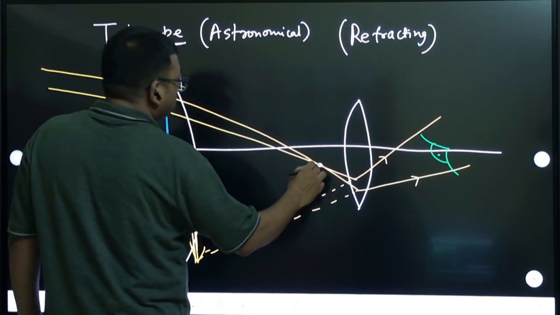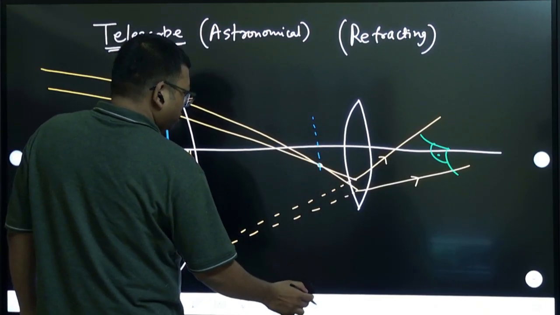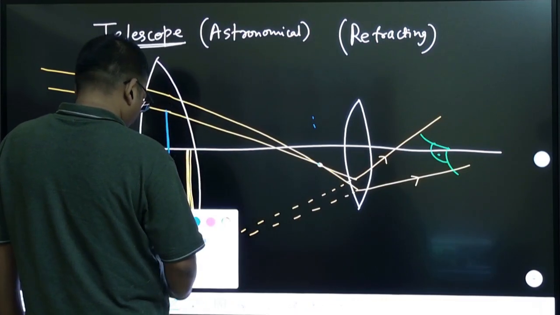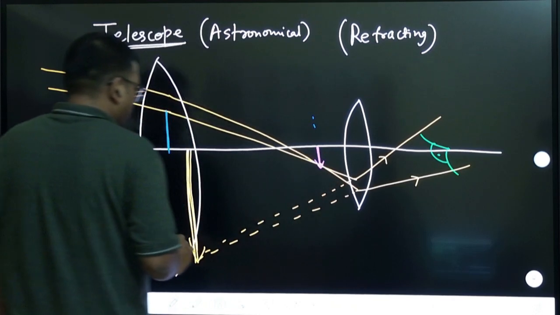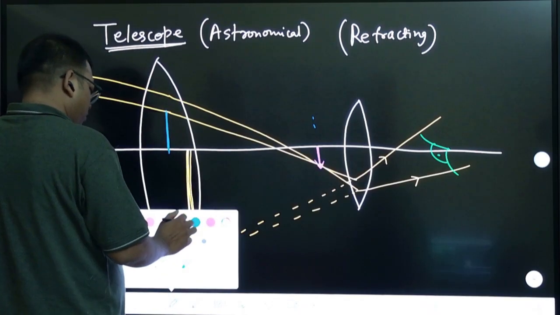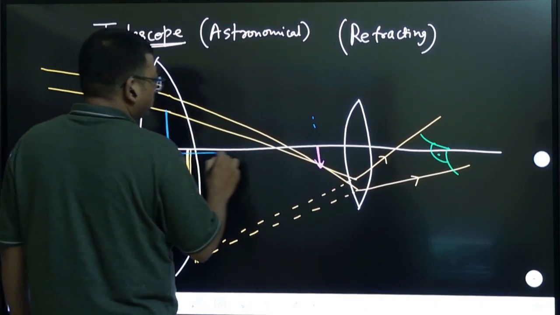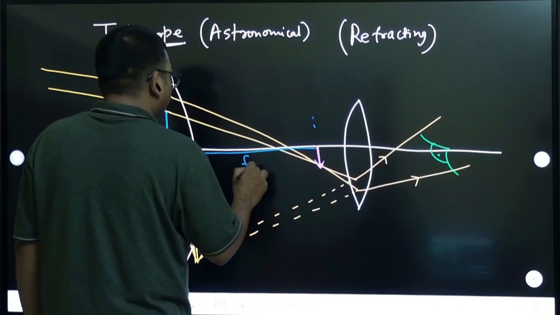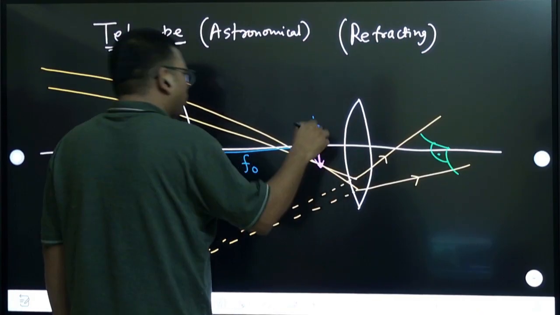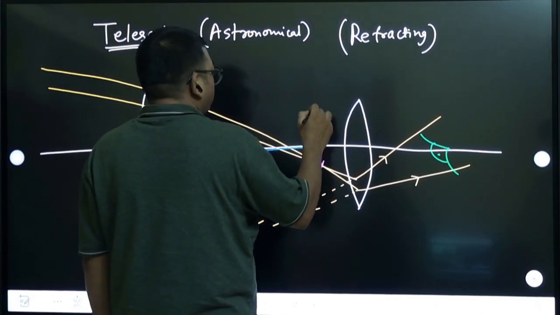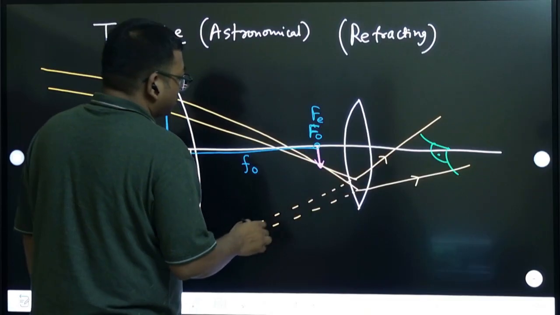So this distance here is the focal plane. Here I show the image, and this is the final image. So this distance from here to here is focus of objective. This point is F0, and note that this point is also the point FE. So the same point is objective focus and eyepiece focus.